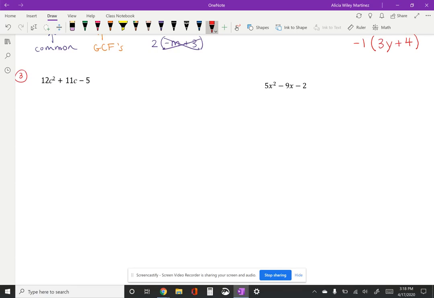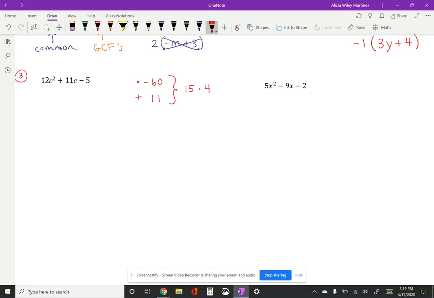In example 3, we are looking for two numbers that have a product of negative 60 and a sum of 11. So for this one, you're going to use 15 and 4.